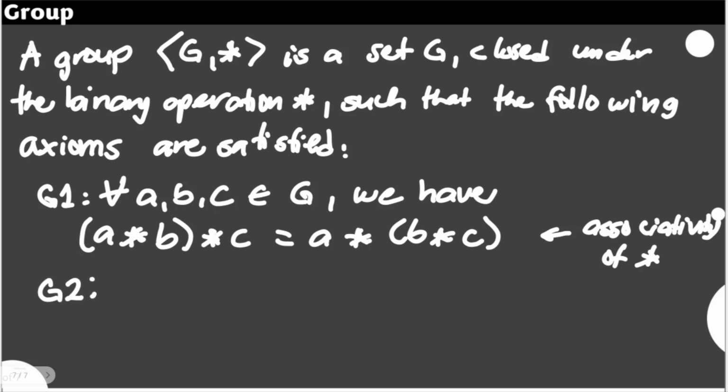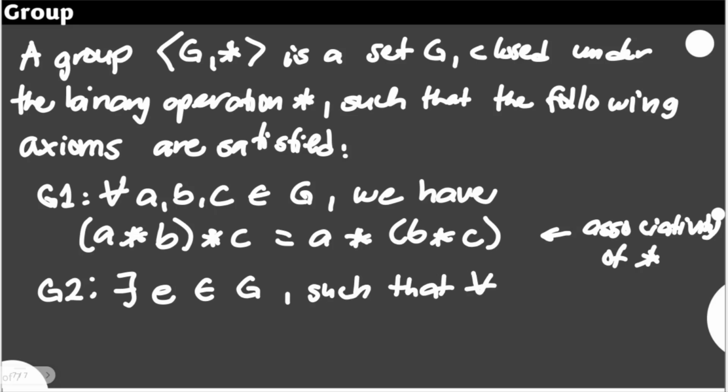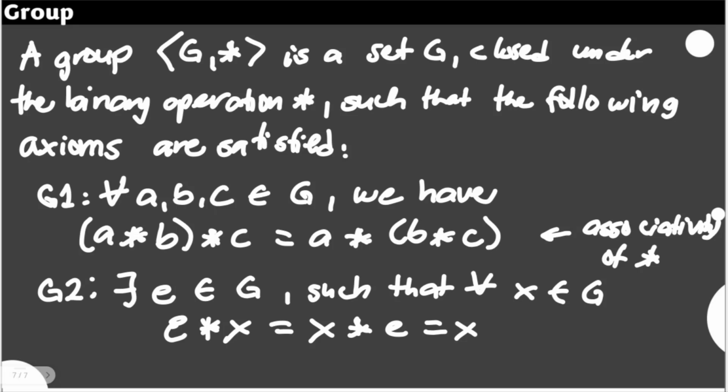G2, the second condition: there exists e as an element of G such that for all x elements of G, we have e star x is equal to x star e, still equal to x. This is the existence of the identity element.